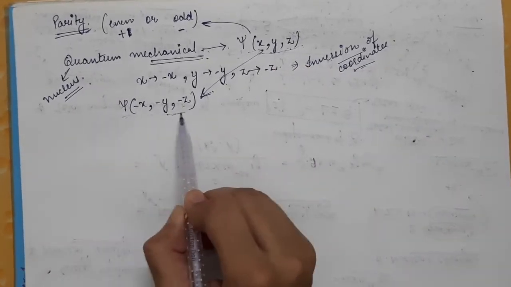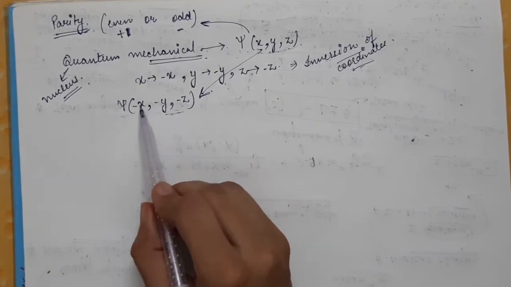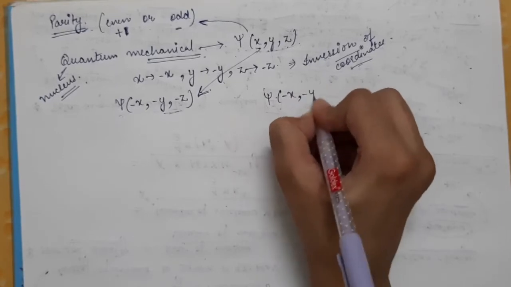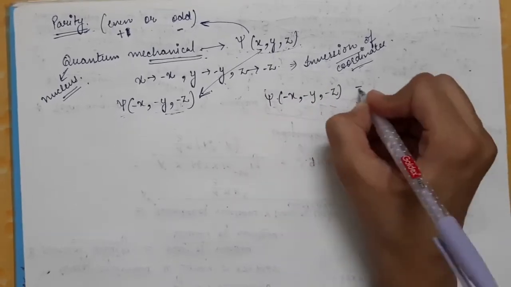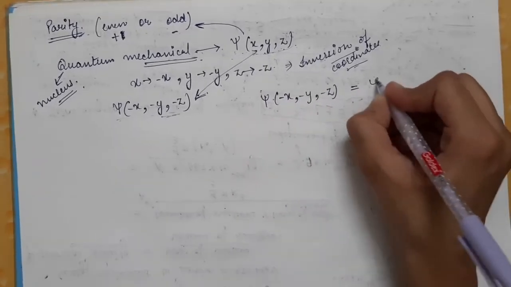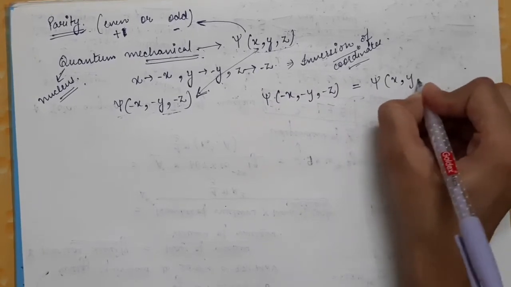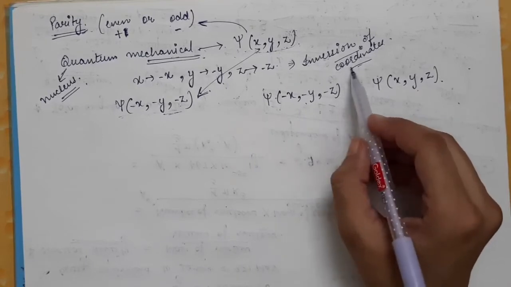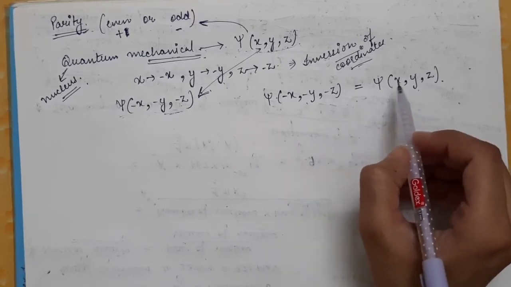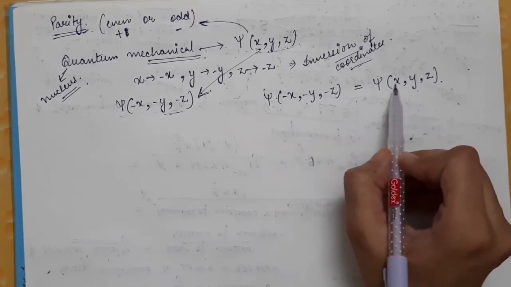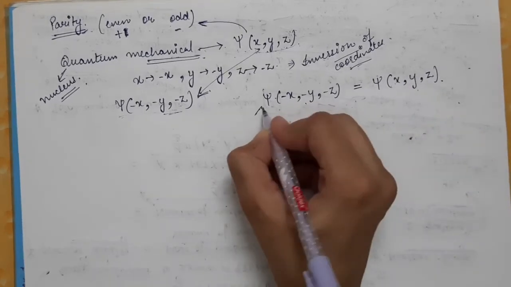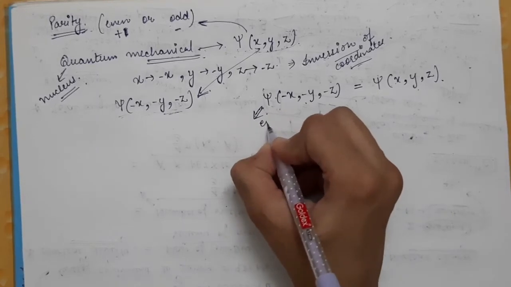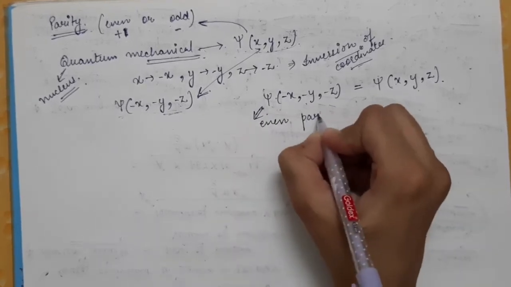Now if this wave function upon the inversion of coordinates, psi of minus x, minus y, minus z, is exactly equal to psi of x, y, z, that is, there is no change when the coordinates of the wave function are inversed, if the wave function remains as it is, then the nucleus is said to have even parity.